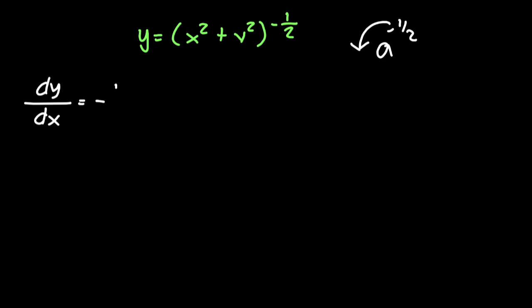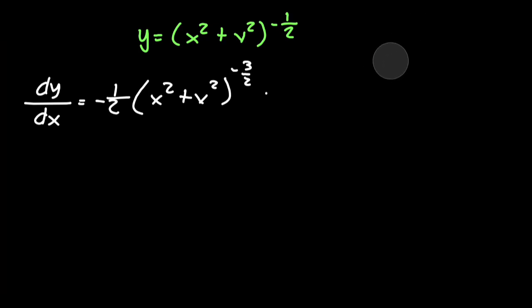So this would be negative 1/2 multiplied by x squared plus v squared, and subtract negative 1/2 by 1, which is negative 3 over 2, and multiply this by the derivative of the inner function, which is x squared plus v squared.